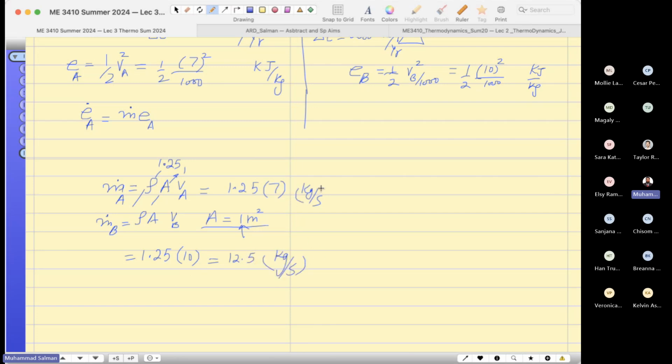Now we have found the mass flow rate at location A, and the mass flow rate at location B. Now let's do the math. I'm going to write down here, it is 1.25 times 7 times this one. I need your help to calculate this answer. What is E dot A?